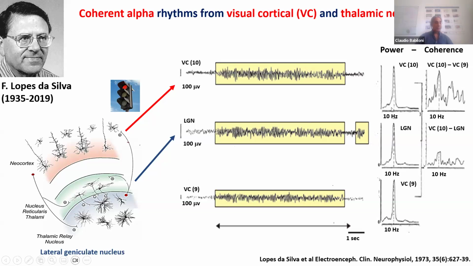When you see the EEG power spectrum of the local field potentials from lateral geniculate nucleus, you see that again the maximum power is at 10 Hz, like the visual cortex electrode 10. And the same is true for visual electrode 9.